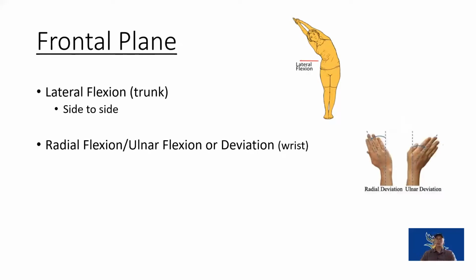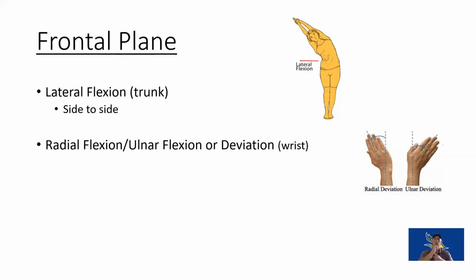At our wrist, okay, you can also call these adduction and abduction, or radial flexion and ulnar flexion, or radial deviation, ulnar deviation. For this class, I'm going to use radial and ulnar deviation. Those are going to be the terms that I use. So we know that our radius is on the thumb side. Radius is rad, it's right by the thumb.